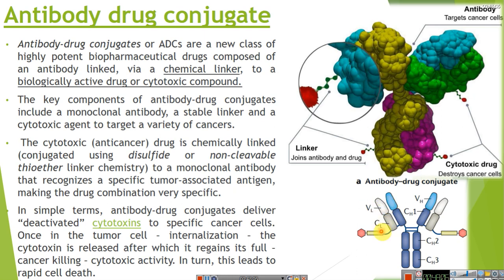So the drug or the toxin molecule can be attached to the antibody with a cleavable or non-cleavable linker. Say a disulfide linker, which is cleavable, or a thioether non-cleavable linker, or even digestible linkers. Maybe some enzymatic digestion will occur, and the linker will be broken off. All those kinds of linkers are possible: non-cleavable, cleavable, or digestible.